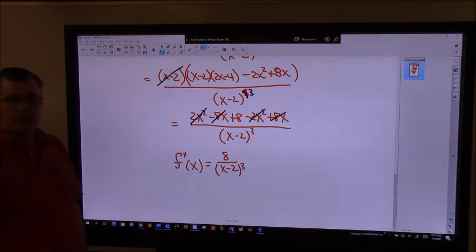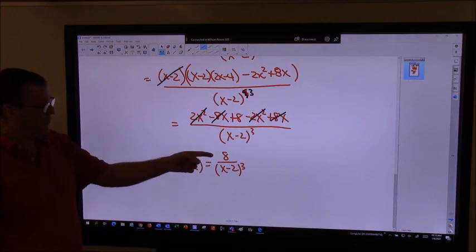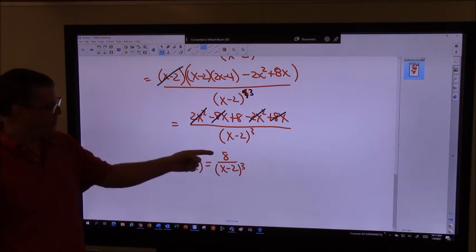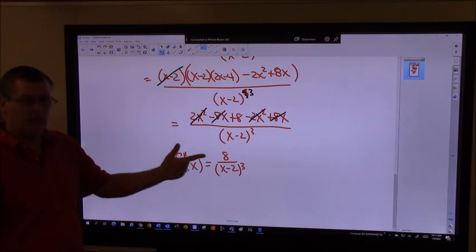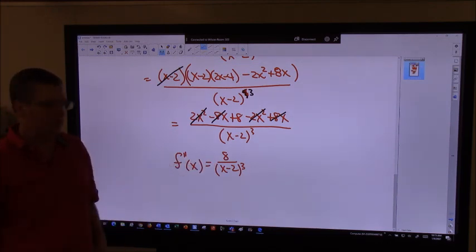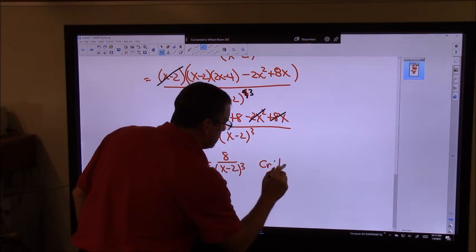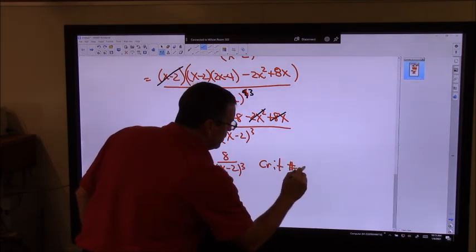So now I need critical numbers, right? Where does this equal 0? Well, the only way a fraction can equal 0 is if the numerator equals 0, which it can't. 8 will never equal 0, there's no variables in there. Or where is it undefined? Still undefined at 2. We know that because there's an asymptote there. So my only critical number is 2.